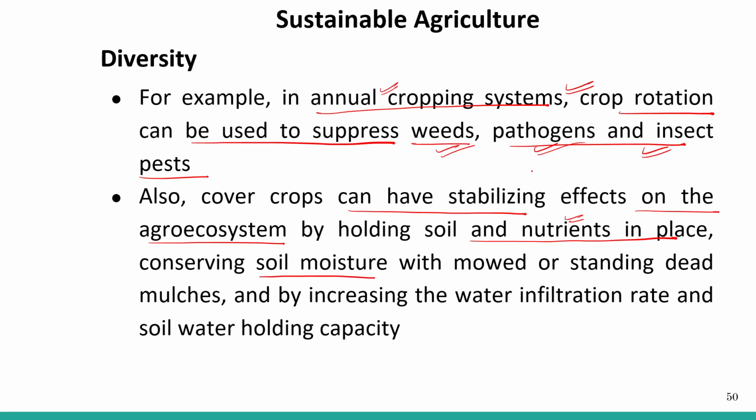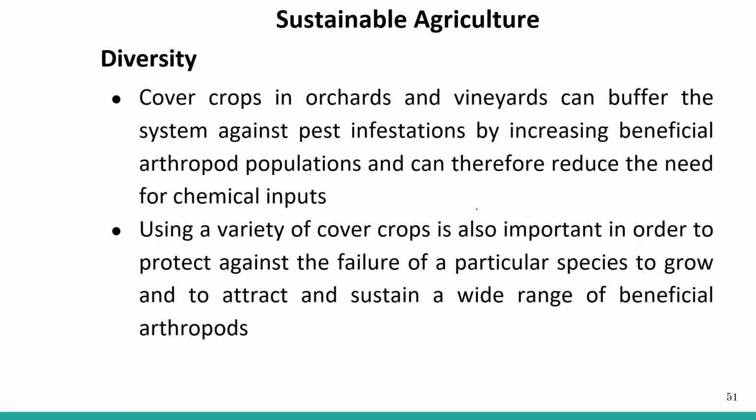So these are the small things that you must take care of, and it also helps the water holding capacity of the soil, right? So these are the things that diversity maintains in the cropping pattern.